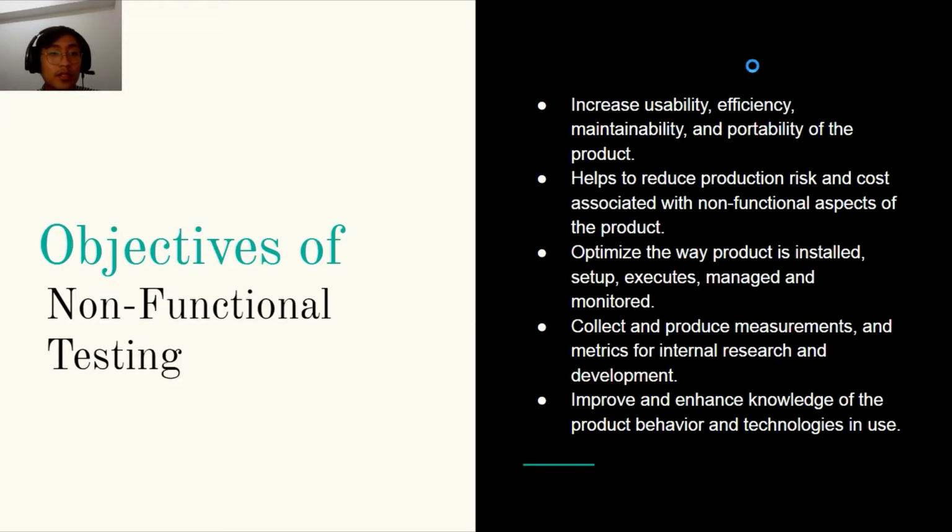All right, let's continue. This is the objective of non-functional testing. Firstly, it should increase the usability, efficiency, maintainability, and portability of the product. Secondly, it helps to reduce production risk and costs associated with non-functional aspects of the product.